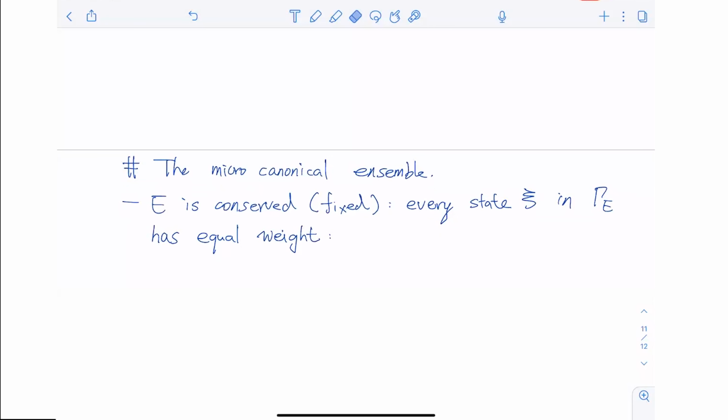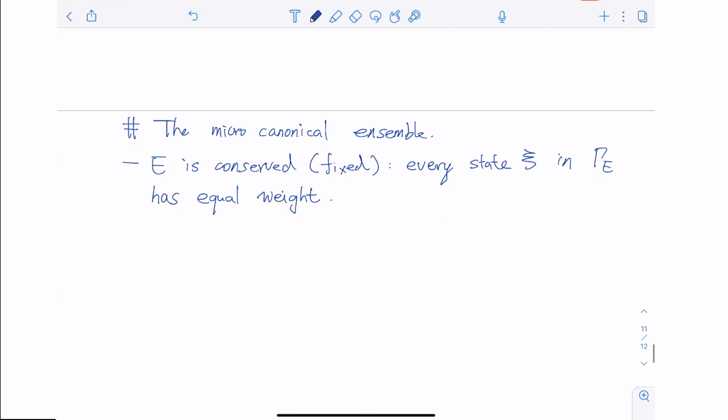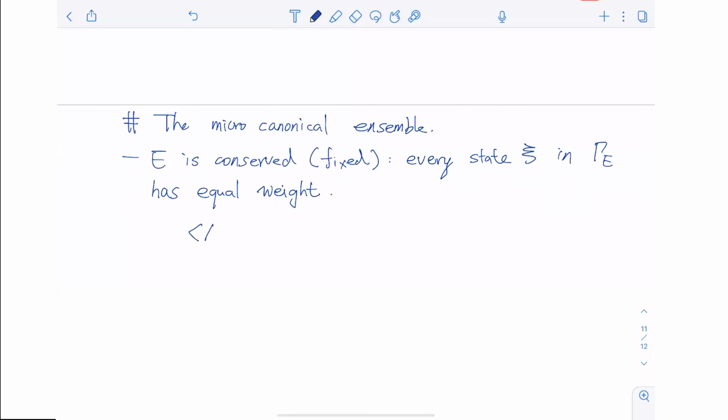Okay, and if it is the case, then the expectation value of A should be easy, because every point in your phase space gamma E is weighted equally, so the normalization constant is naturally 1 over gamma E. And then you weight every configuration equally, so every microscopic configuration will be counted exactly once.